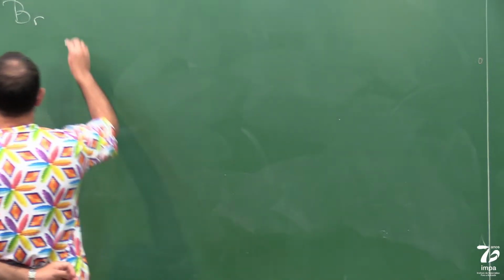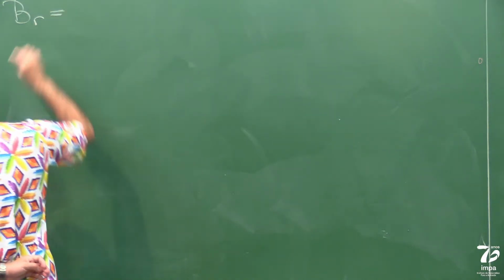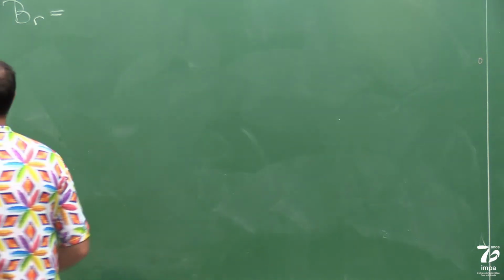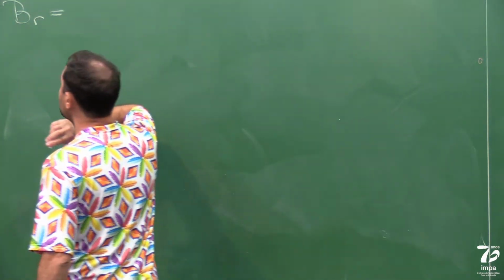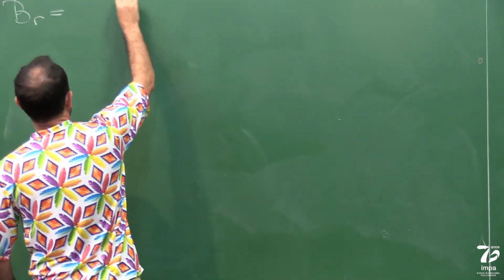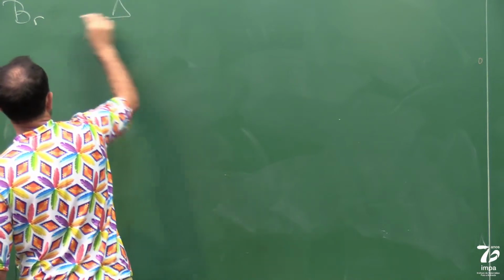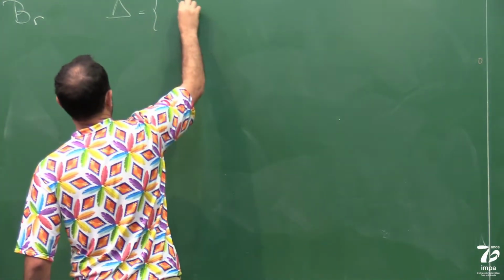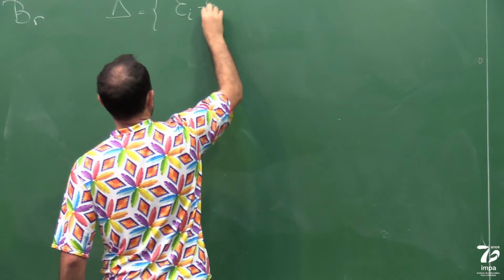B_r is going to consist of the following. I want to rush a little bit because otherwise we're not going to finish at all. So the root system for these, delta, is going to consist of roots of the following form, epsilon_i minus epsilon_j.